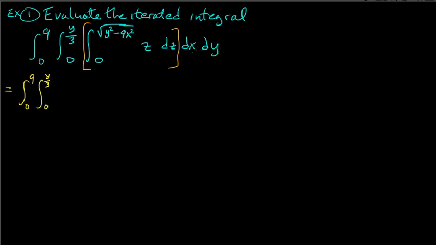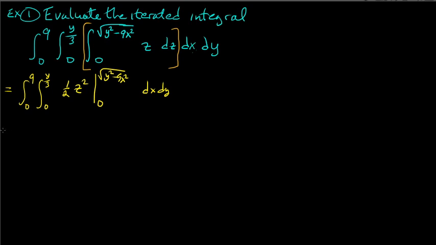Now we just do the inside integral. You integrate with respect to z, and no surprise, you get 1/2 z squared. Now we evaluate that between 0 and the square root of y squared minus 9x squared. When you plug in 0, you just get 0. When you plug in the square root and square it, that cancels the square root.